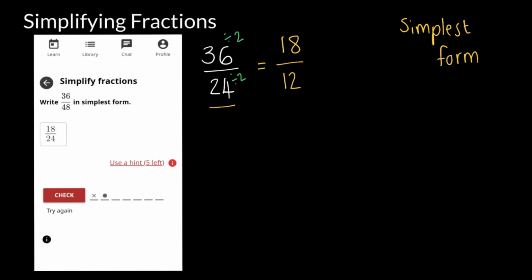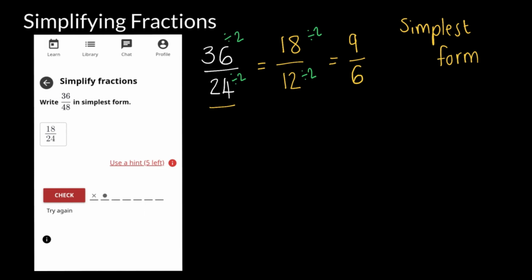Let's see. We can divide the top by 2 and the bottom by 2 as well. Remember, what we do on the bottom, we must do on the top, and what we do on the top, we have to do at the bottom as well. So 18 divided by 2 gives us 9, and 12 divided by 2 gives us 6.